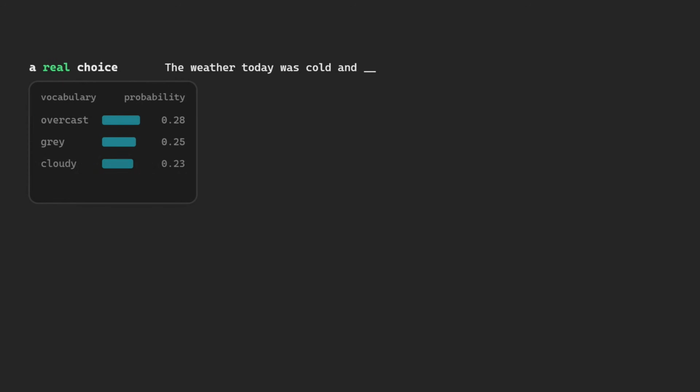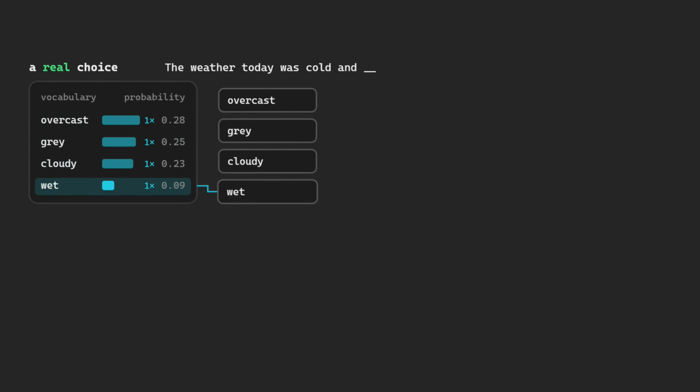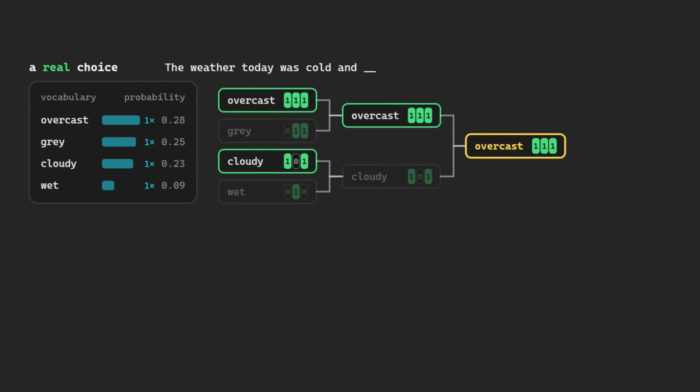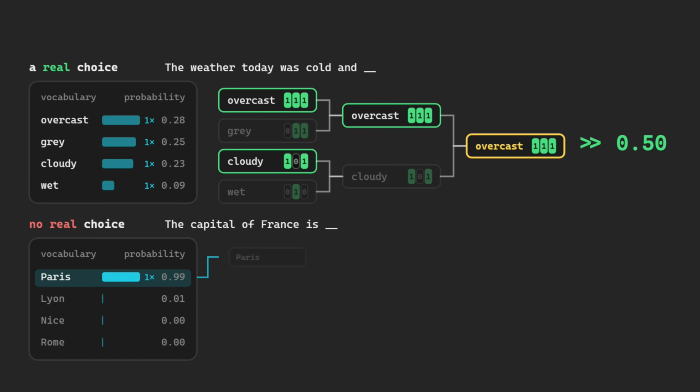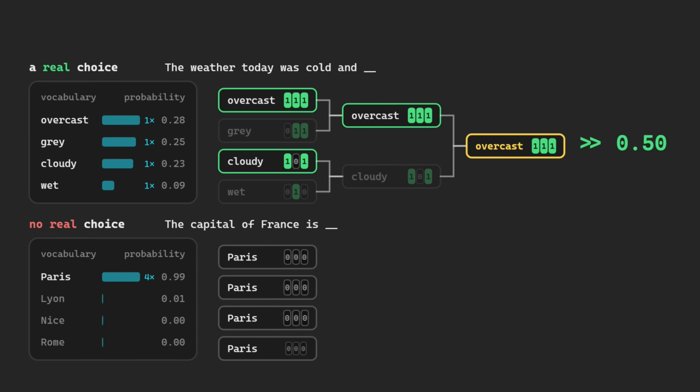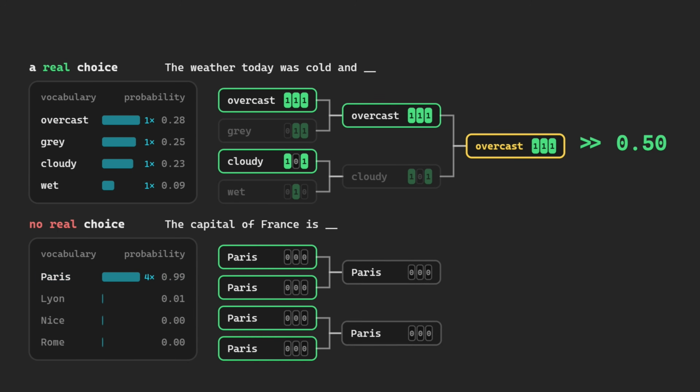So, you might wonder when this stops working, because it does stop. The tournament only leaves a trace when there was a real choice between different words in the vocabulary. If a sentence runs toward one word, like the capital of France here, or a closing bracket in a code, then every candidate drawn is that same word.